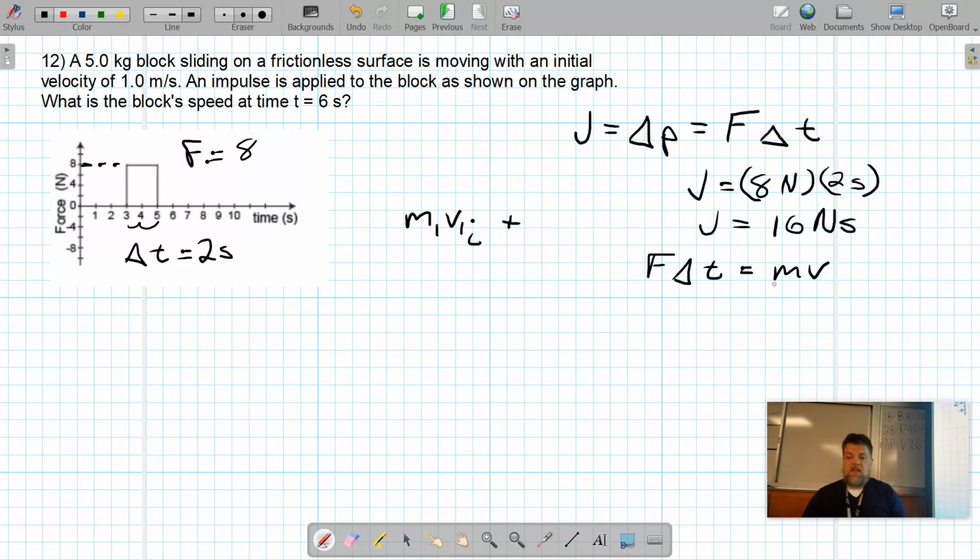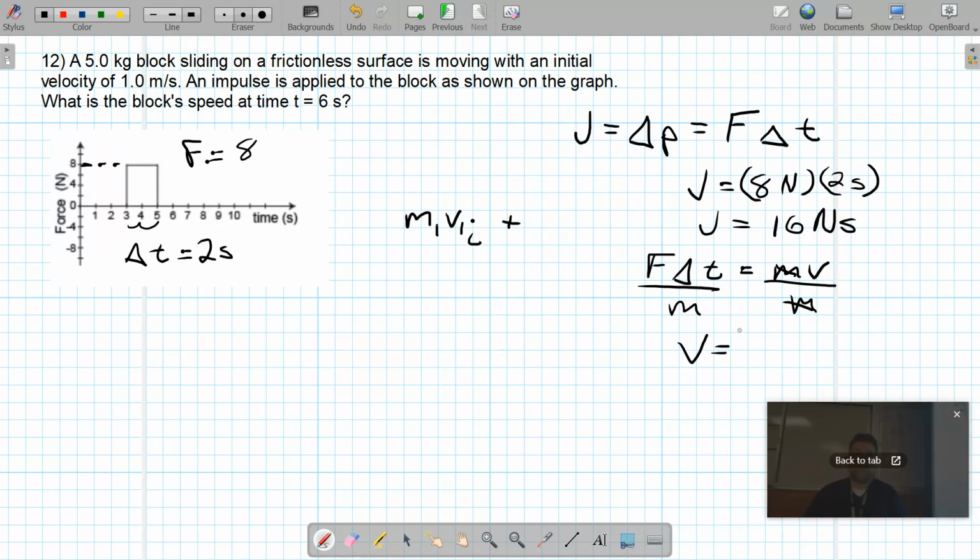If I want to find the velocity, because that's really what I need, I just divide both sides by m, the mass. And so the velocity is going to be increased from the impulse. Remember, it's the change in momentum.